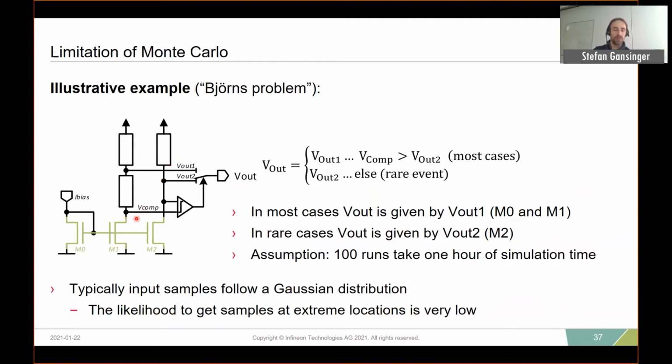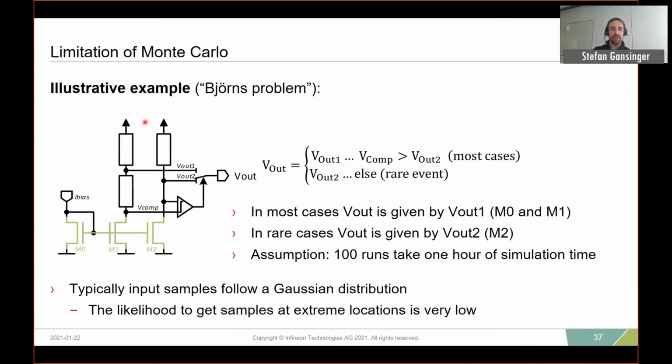So we have two output voltages, and there's also a comparator. And the comparator selects which output voltage actually goes to the output. In most cases, so almost every time, the output is Vout1. But in some cases, when this voltage is larger than this voltage, the output is Vout2, but this is a rare event.